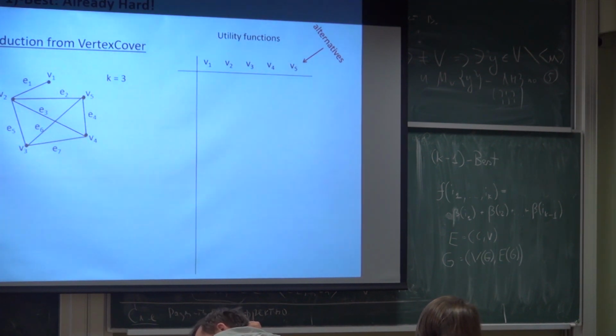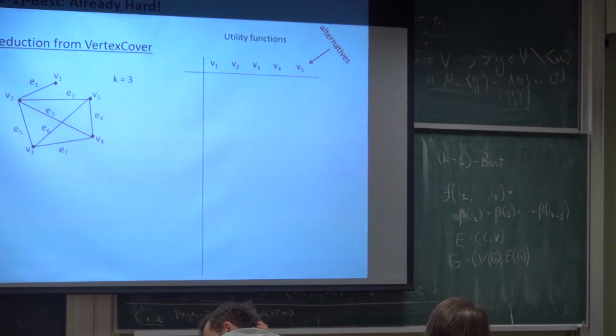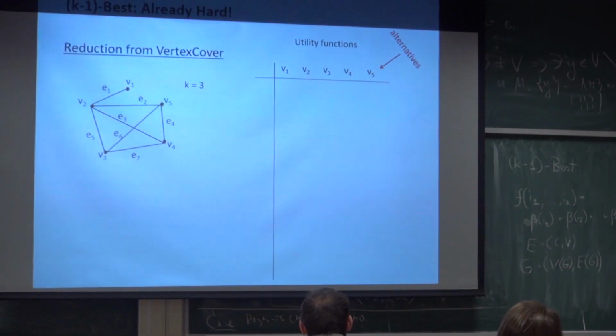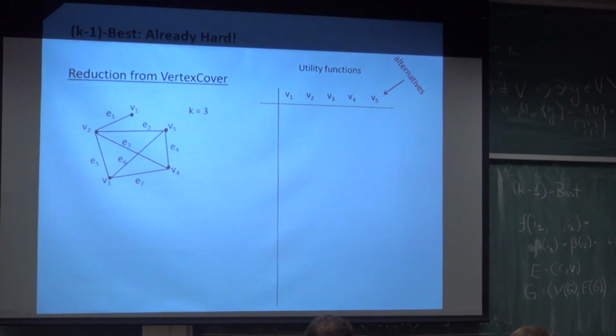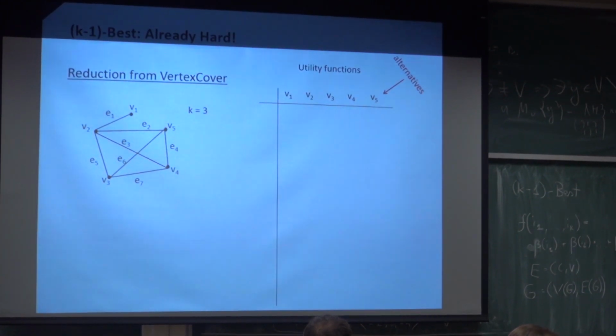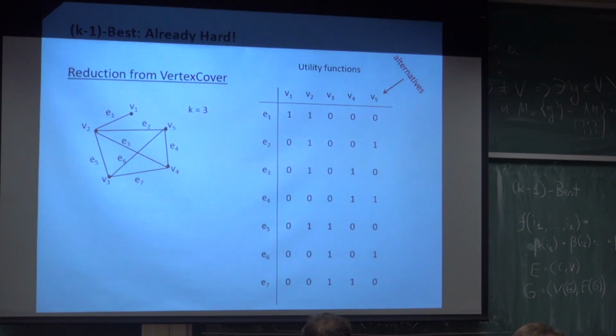So in other words, I will be using a rule that sums up the approval scores of all the committee members, except for the one with the lowest approval score, if there happens to be one. Every edge is a voter who votes exactly for the vertices that he touches. So edge E1 is touching V1 and V2, and he's approving V1 and V2.